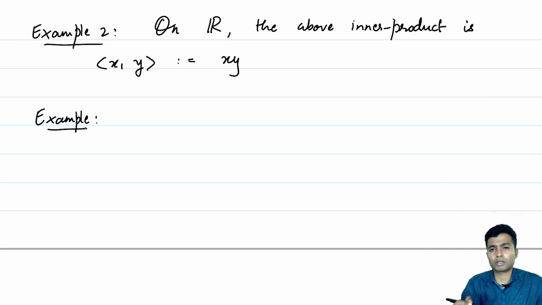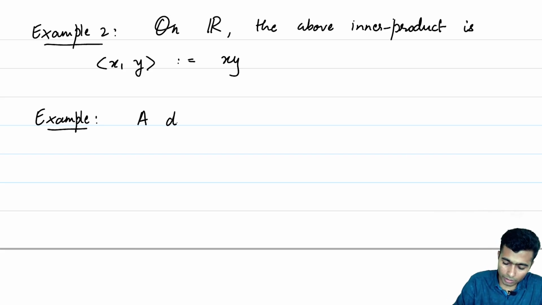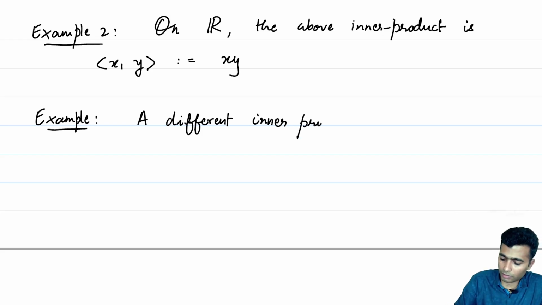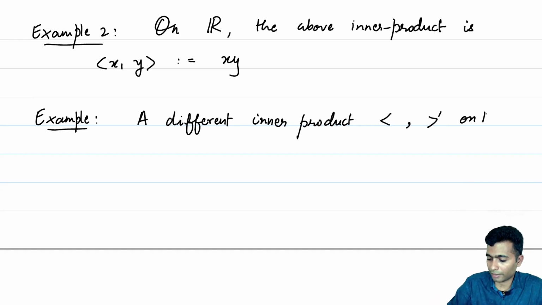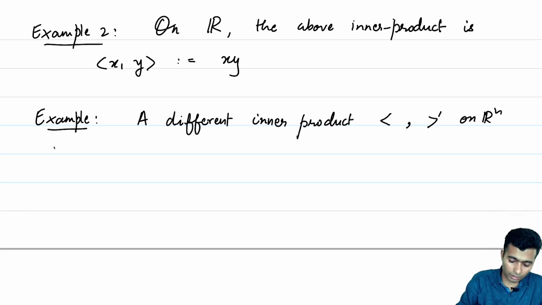Okay, so let's look at a different inner product on Rn. So let me now change the notation. So let me put a prime on Rn. So define the following.